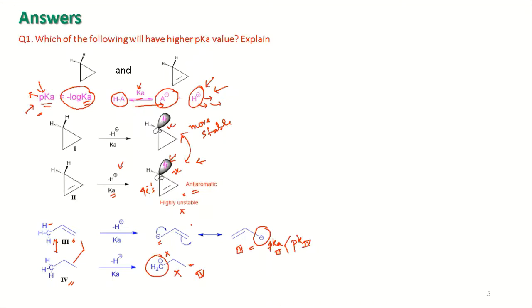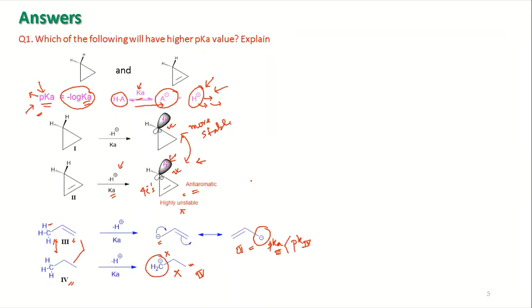So higher pKa means less accessible H plus, means your anion is less stable. Now you just need to write the corresponding anions, compare their stability, come up with the stability order of the anions, and then your pKa will be accordingly the reverse. So if the anion is more stable, the pKa will be less. Clear now?